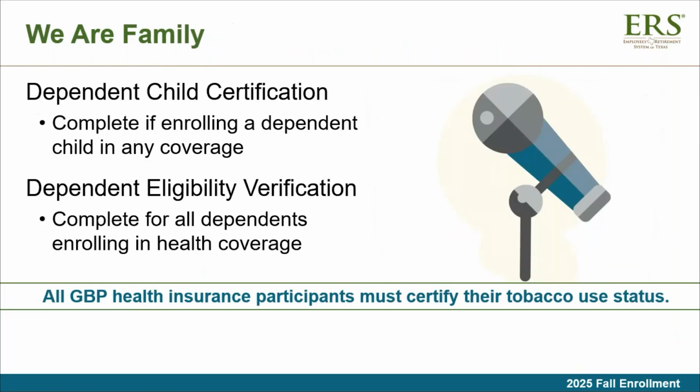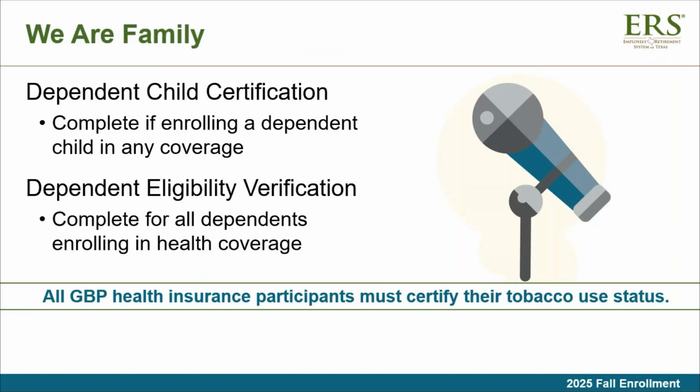All right. So I did mention if you are wanting to add a dependent onto your insurance, this would be that opportunity to do so. If you are adding any dependent children onto insurance during this time, and you've never had them covered before, you will have to complete what's called the dependent child certification. So this is a certification that indicates the relationship between yourself and that dependent that you're adding on to your insurance.